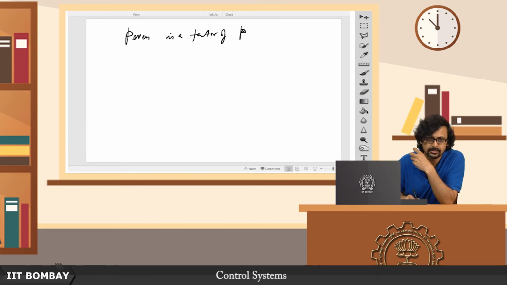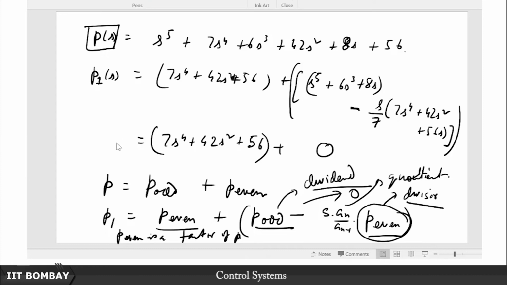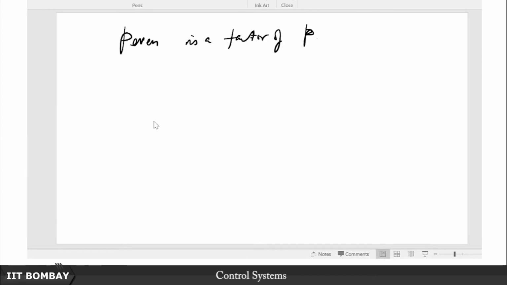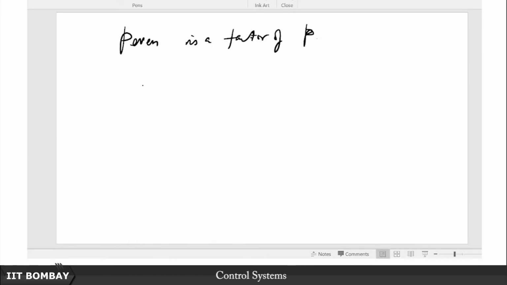So if p even is a factor of p, then it means that from this stage onwards, in going from p1 onwards, I need to study the root distribution of p1, which is p even. But what is p even after all? P even is an even polynomial. What do I mean by that even polynomial business?